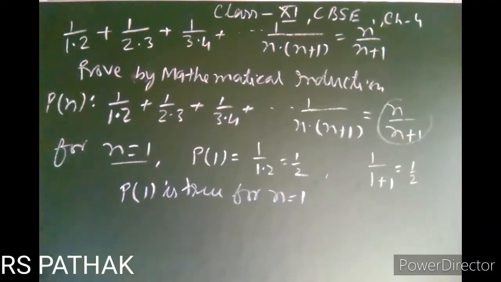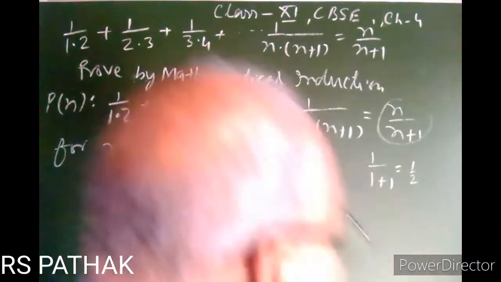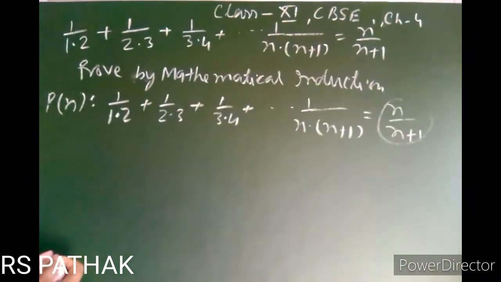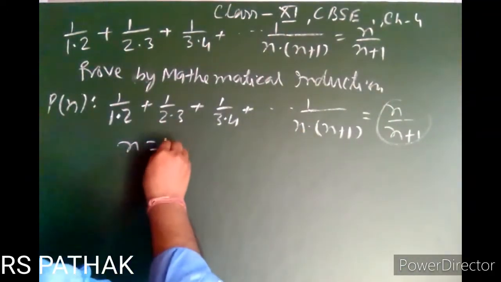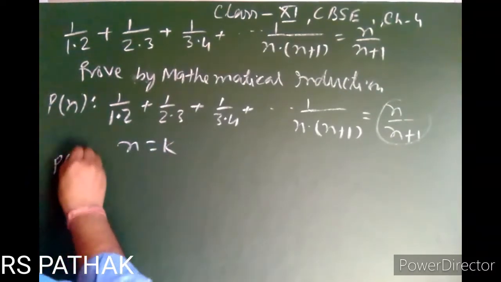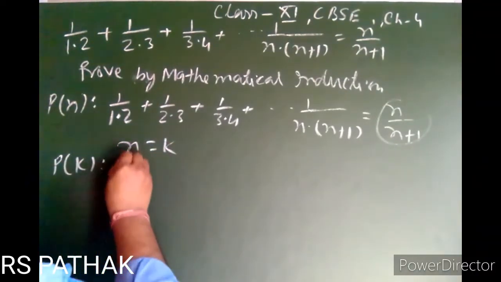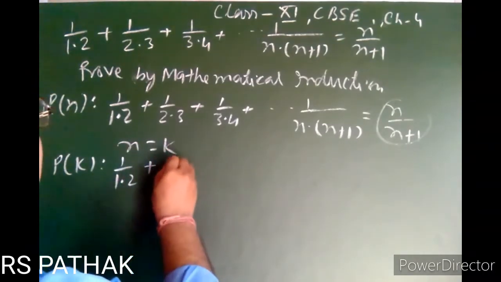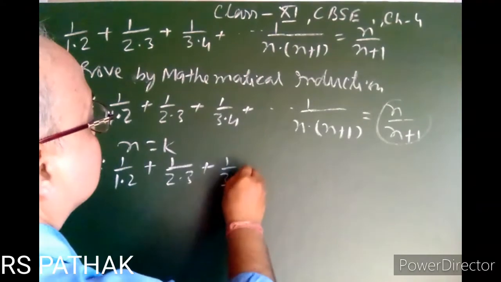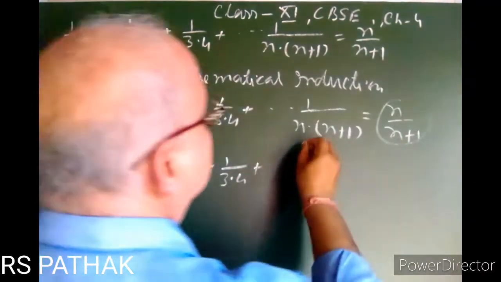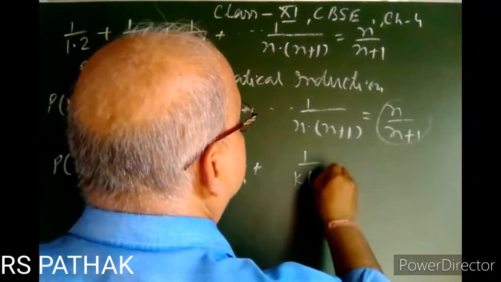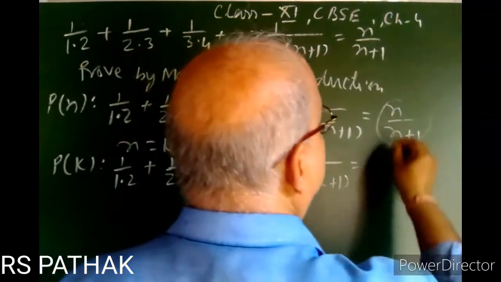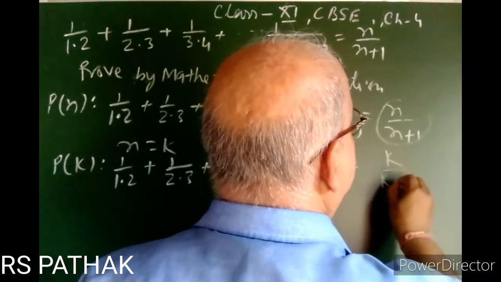Now we will prove for n equal to k. Pk such that 1 upon 1 into 2 plus 1 upon 2 into 3 plus 1 upon 3 into 4 plus dash plus 1 upon k into k plus 1 will be k upon k plus 1.